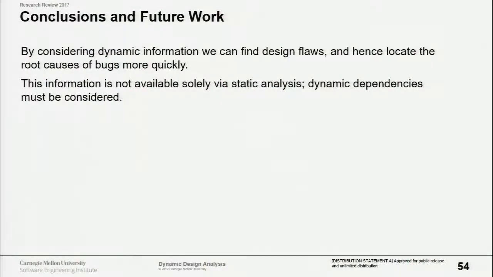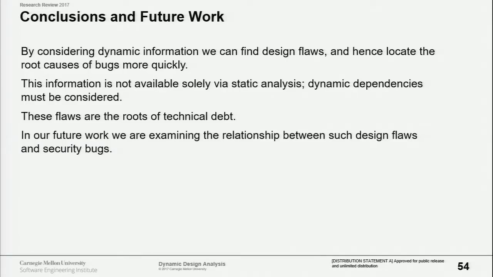So we need to discover and employ dynamic information to really understand the design consequences of decisions that are being made in systems. And again, this is the root of technical debt. These design flaws are causing enormous amounts of bugs and effort in these systems.